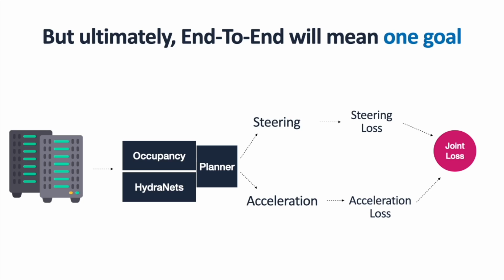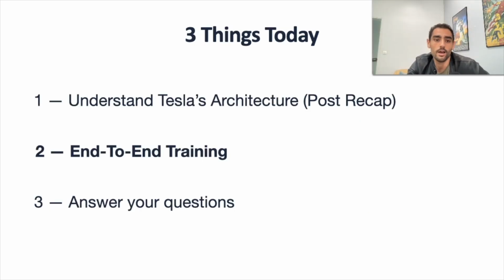Object detection is optimized based on how the planning will then happen. It's not object detection, then planning, and now we optimize planning. We optimize both of them based on how steering and acceleration are done. So that is end-to-end training. This is what happens with end-to-end.